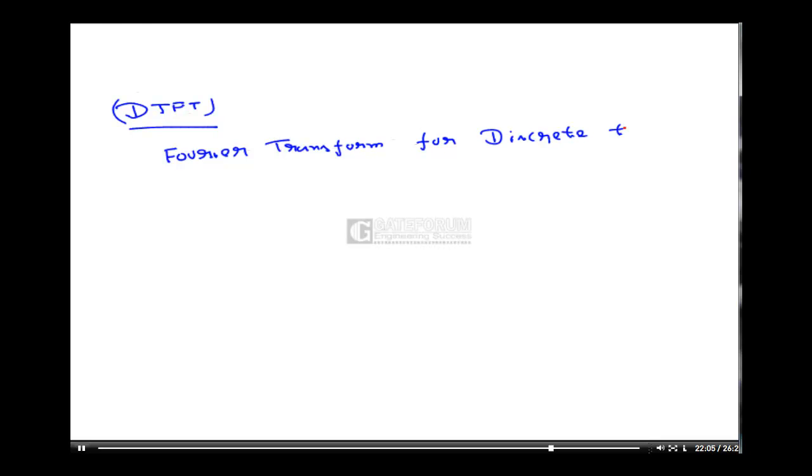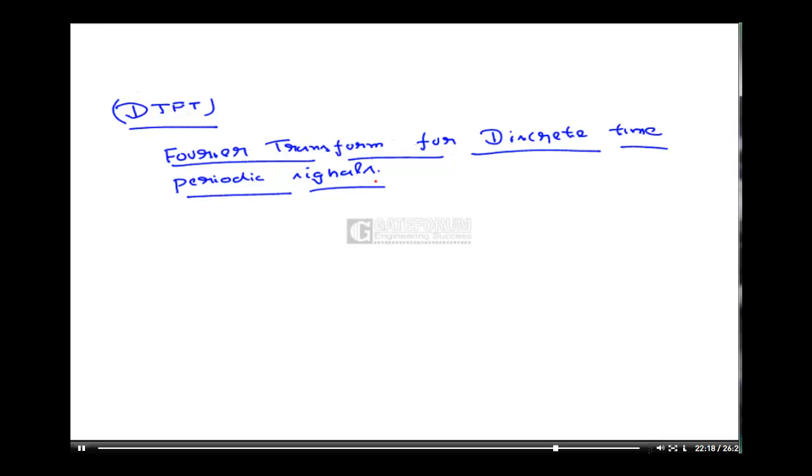Now we will see the DTFT, which is the Fourier transform for discrete time signals.